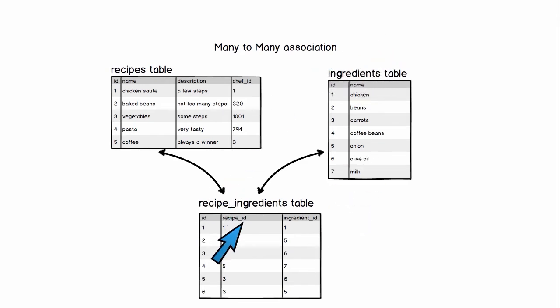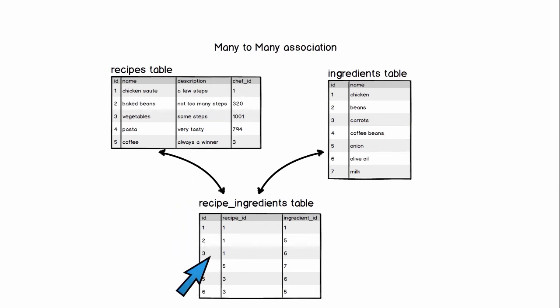So there is an association built between chicken and chicken saute through this table, okay? Through recipe ingredients table. Then let's look at the second row. Chicken saute again, recipe ID 1, so chicken saute. Ingredient ID 5, so it goes to the ingredients table, 5, onion. Okay, so now there's a relationship via this second row of chicken saute and onion.